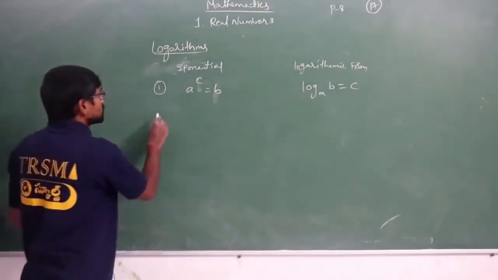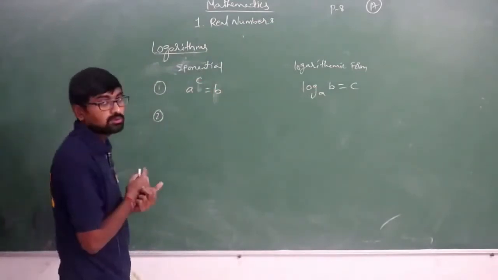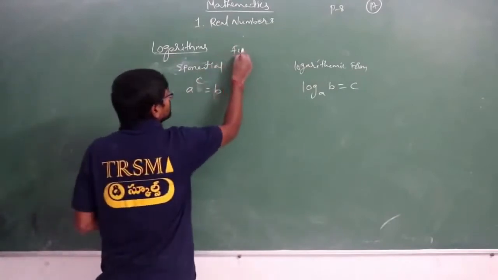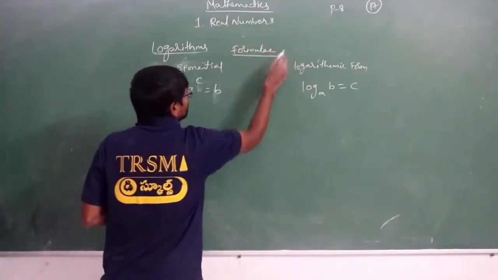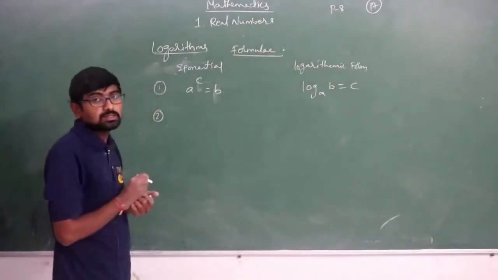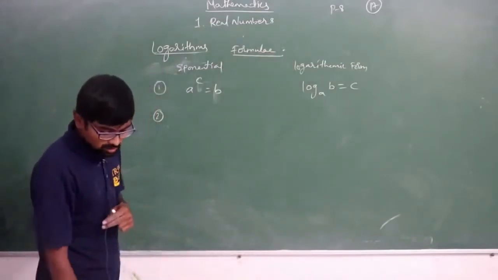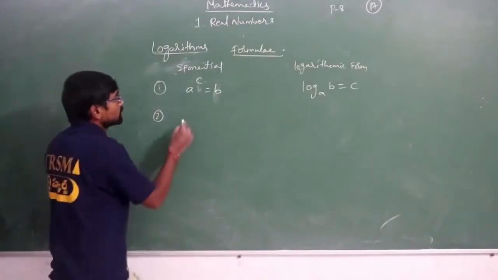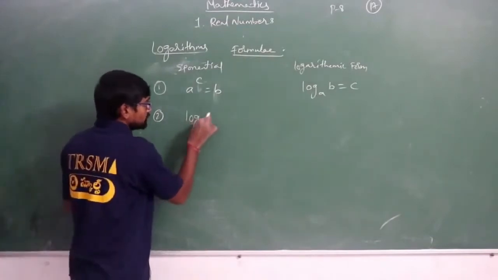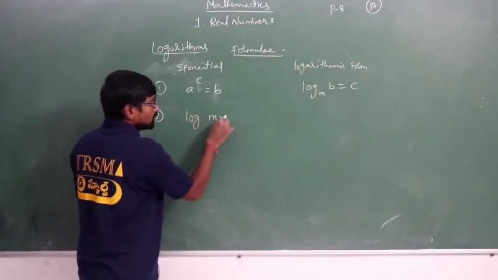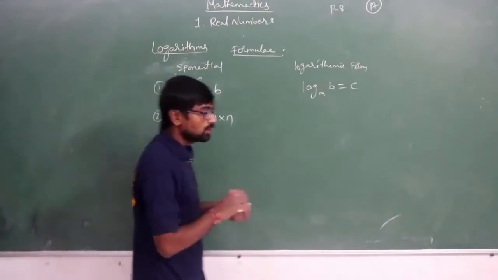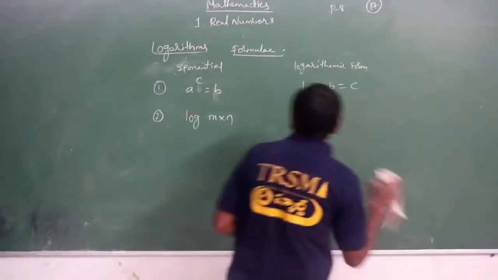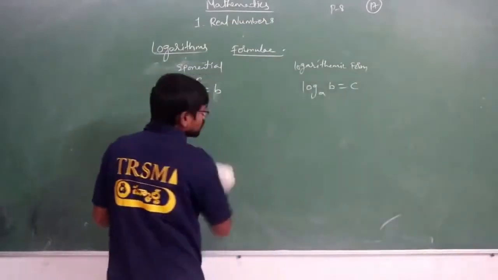Okay, now coming to the second formula. These all are formulas which we want to discuss in this exercise. Log m into n. Before that we have a few more formulas.